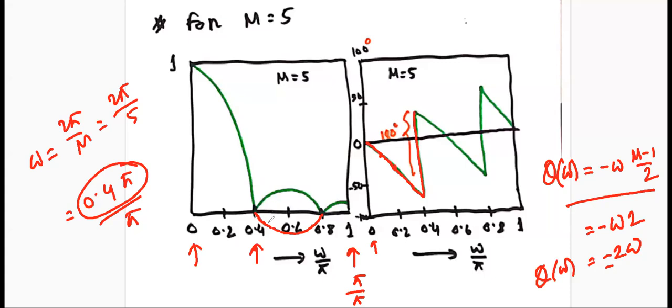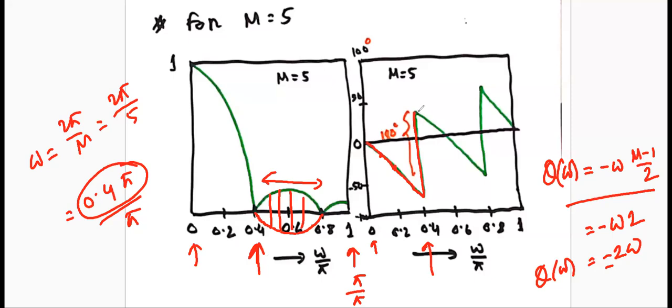Why? Because we are multiplying by -1 in all the cases. So for this phase, what we need to do is add 180 degrees. And where to do that? At the same location, at 0.4.